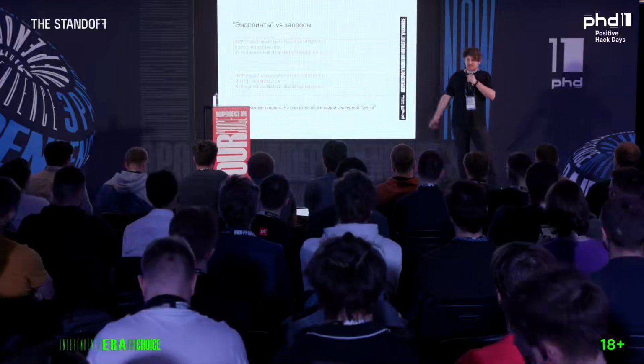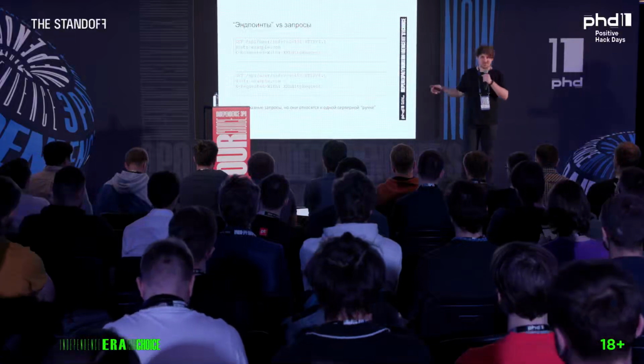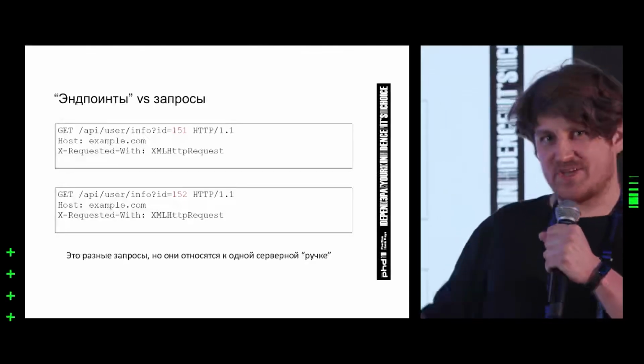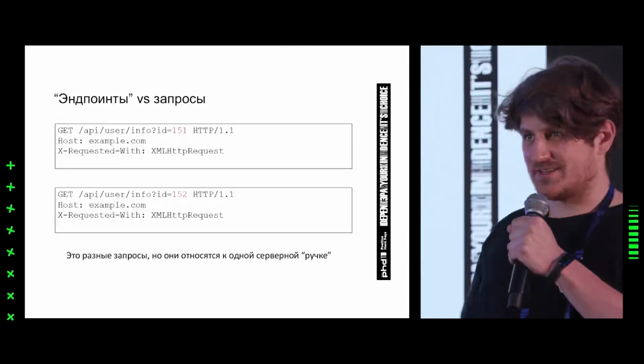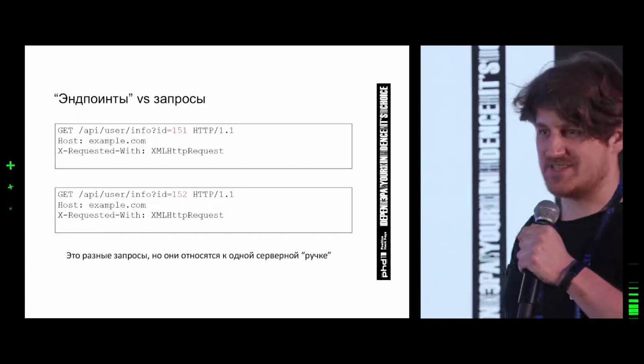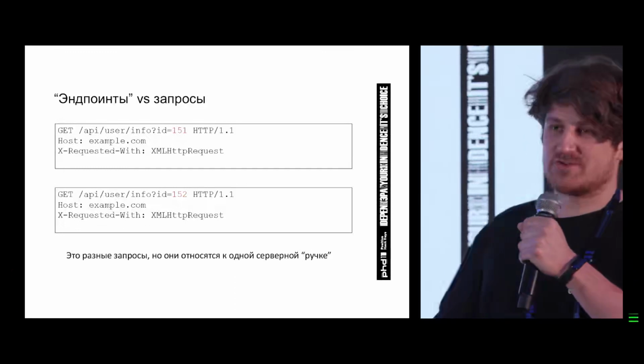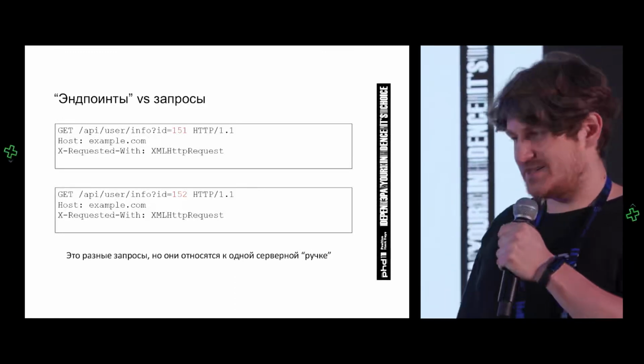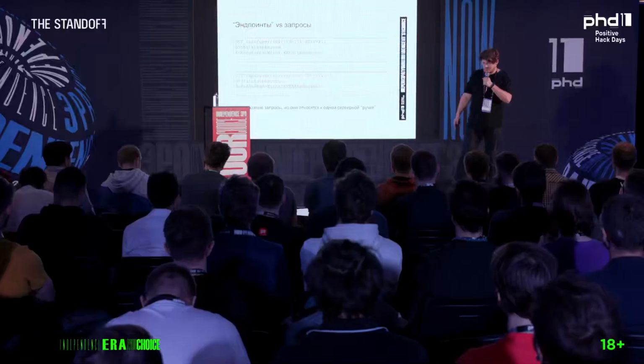So in this particular case, we're going to assume that we just want to find all the requests to server endpoints. A separate task is to understand which endpoints were addressed. In particular, we're not going to do it for now.